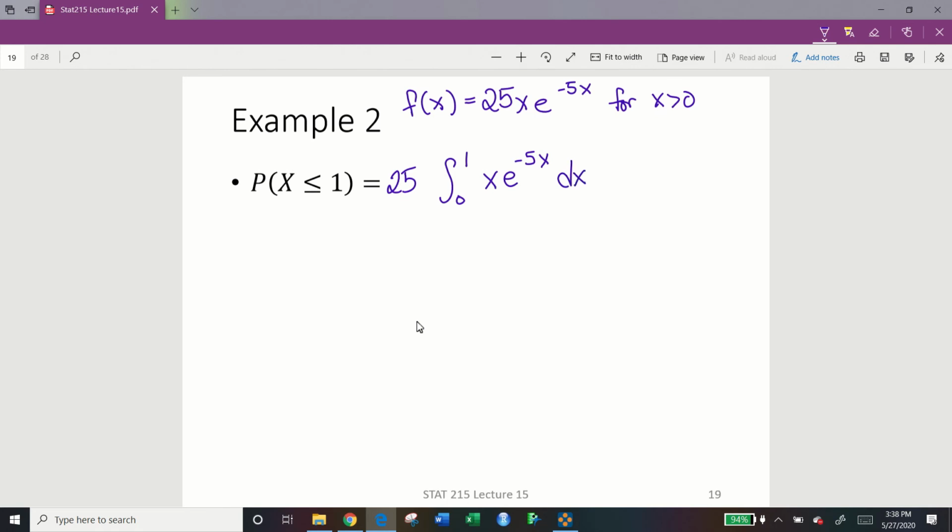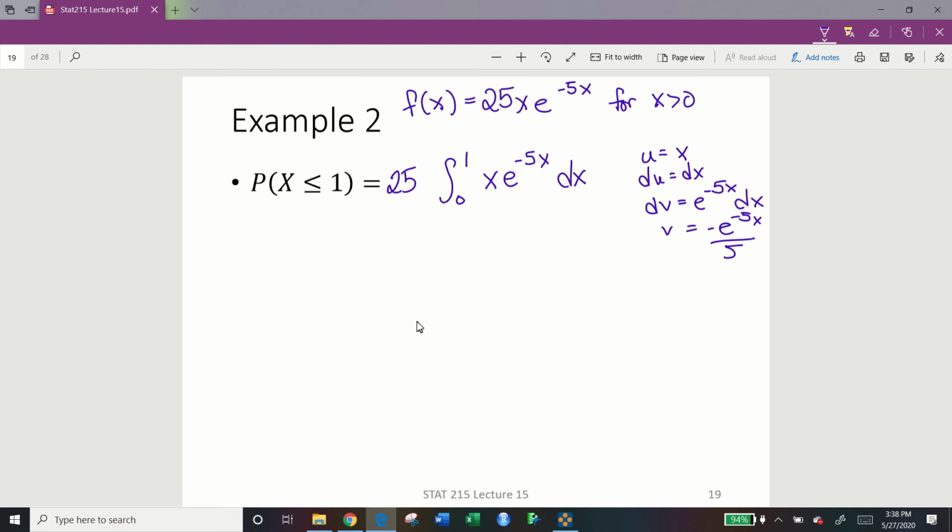Now at this point, I'm going to use integration by parts. I'm going to let u equal x and du equal dx, and I'm going to let dv equal e to the negative 5x dx and v equal negative e to the negative 5x over 5.